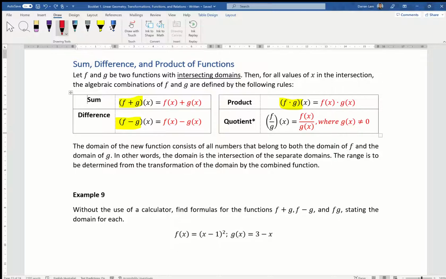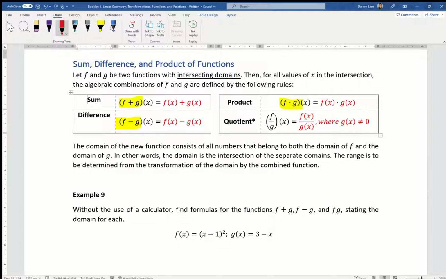In some circumstances, you'll be asked to graph a function, or a product of a function, or a sum or a difference of a function. Sum and difference is quite straightforward. It does take a lot of thinking, but it's pretty straightforward. I'm going to get you to write down two general rules for us.